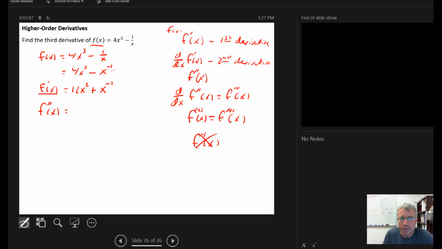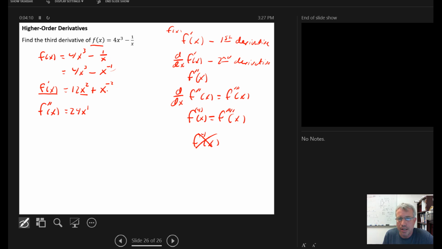I have a constant times x squared. I can use the power rule on x squared. That would bring the 2 down into the coefficient position. That 2 would get multiplied by that 12 to give me a 24 x. Subtract 1 from the exponent 2, which leaves me with an exponent of 1, which you usually don't write. I'll go ahead and write it in this case.